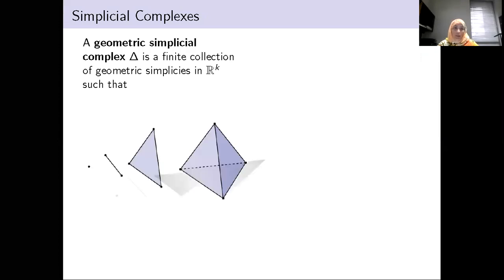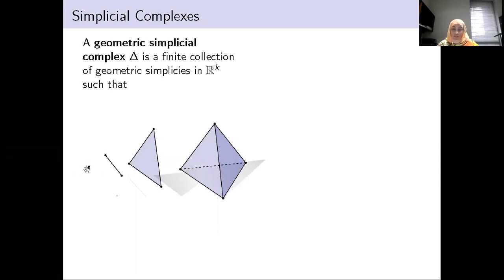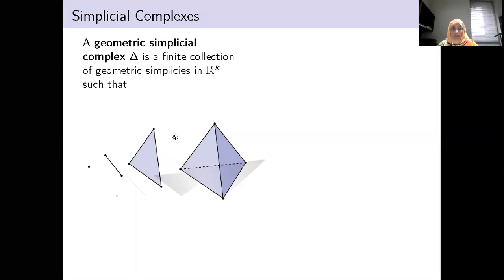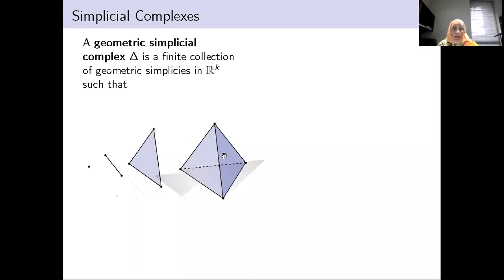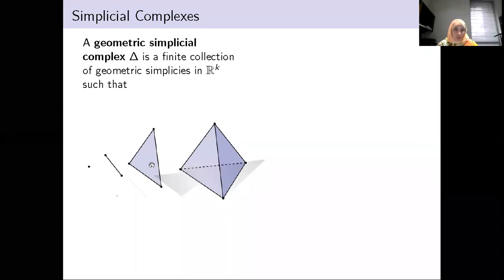So for example, here is a simplex of dimension 0, which is just a vertex. And this is an edge, which is a one-dimensional simplex. Here a triangle is a two-dimensional simplex, and this is the three-dimensional simplex, which is a tetrahedron. And I will also say something more.